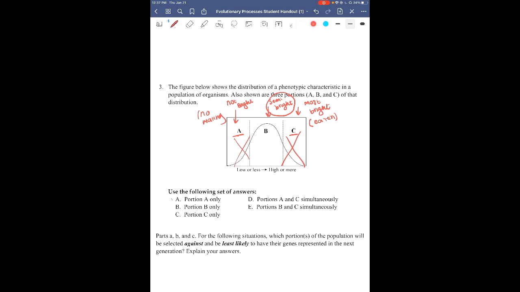Yes, the y-axis is the percent of population. Percent found in population. Okay.